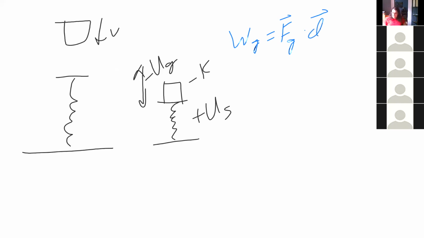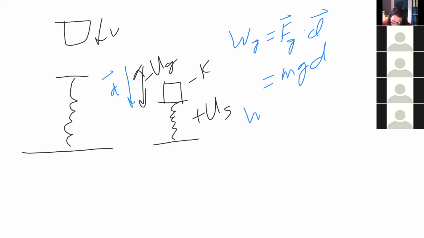Hopefully we don't need to write out these quantities and solve them. We just need to think about the direction of our force and the direction of our displacement. Gravity is downward, and as the spring is being compressed, my displacement vector will also be downward. So this will just be mg times whatever that displacement downward is, as given in your problem.